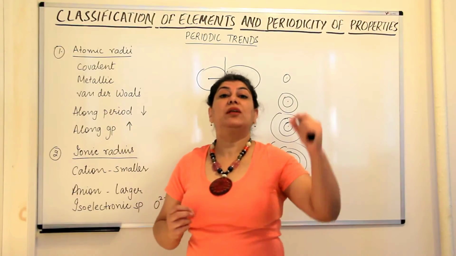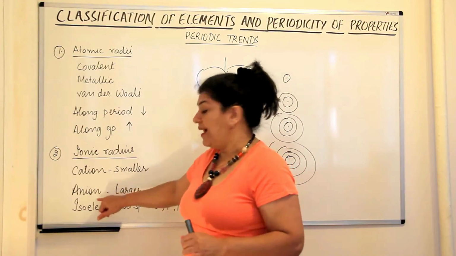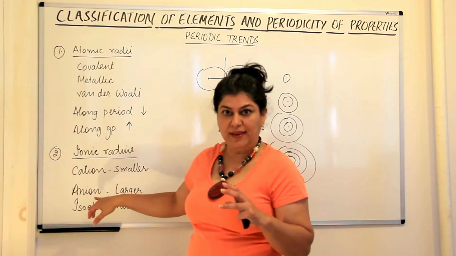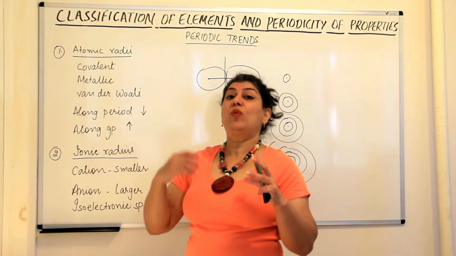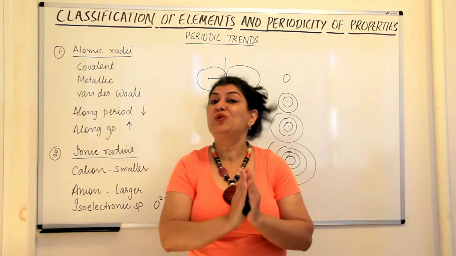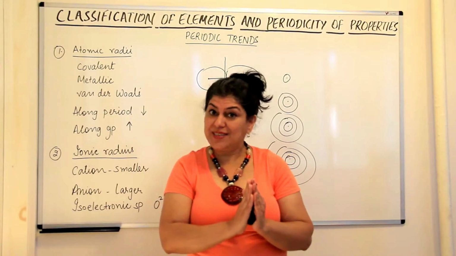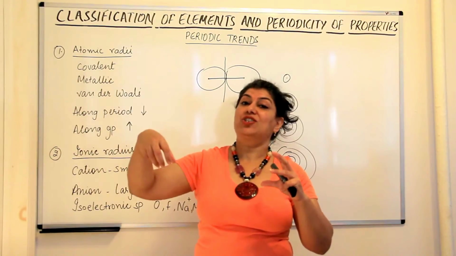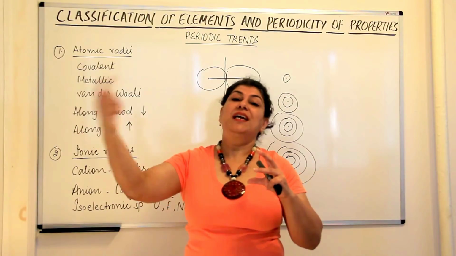Cations are formed by the loss of electrons, and anions, on the other hand, are formed when an atom gains electrons. Why is it negatively charged? Because when it gains an electron, the number of protons does not change. It remains the same as in a neutral atom. But when it gains an electron, the negative charge is more.